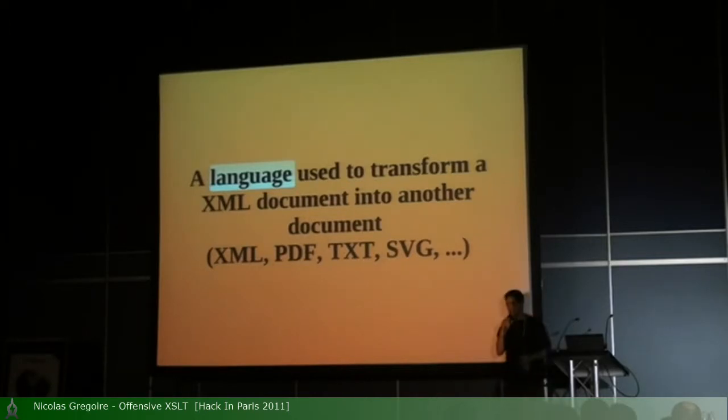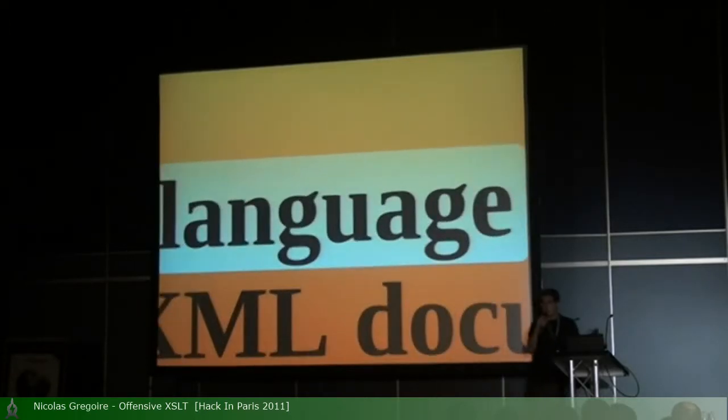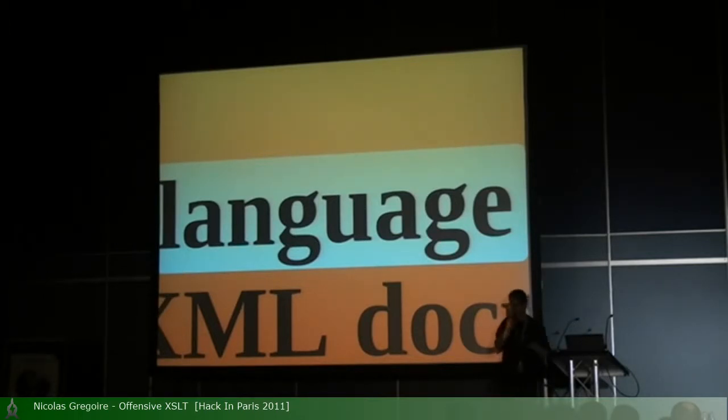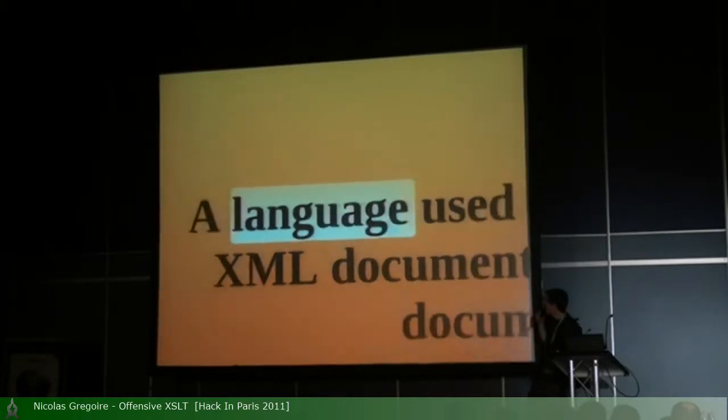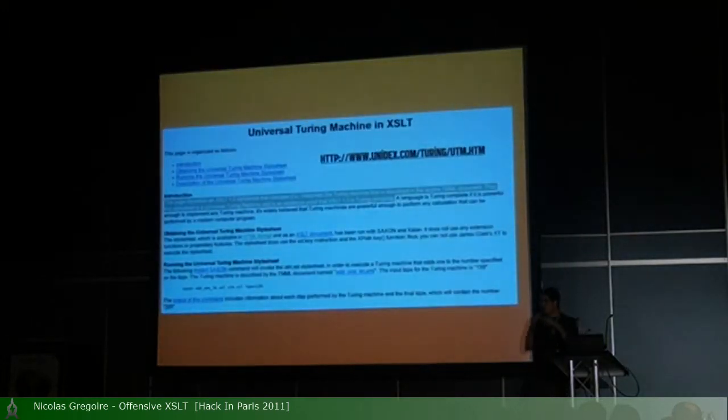The important point is the language, because it's really a real language. It's a functional language, so most of us don't usually play with this kind of language. It's a bit surprising. But the important thing is that this language is Turing complete. There are some proofs which are available online.